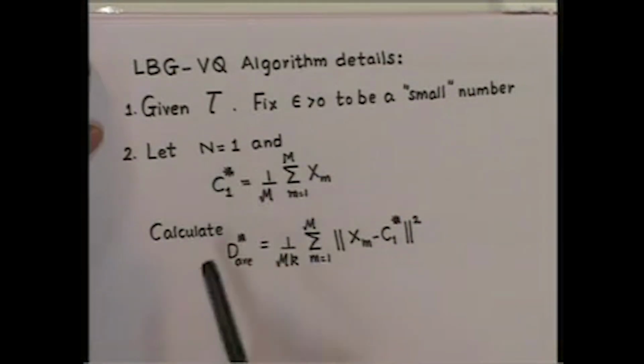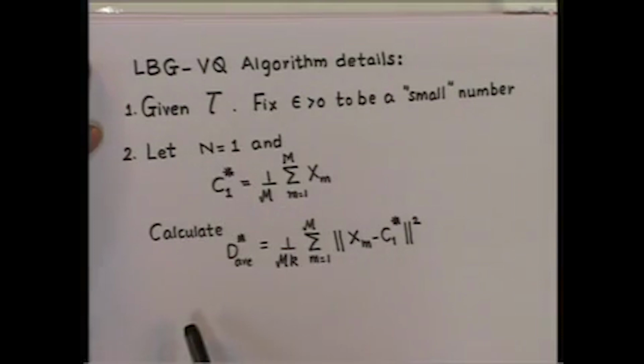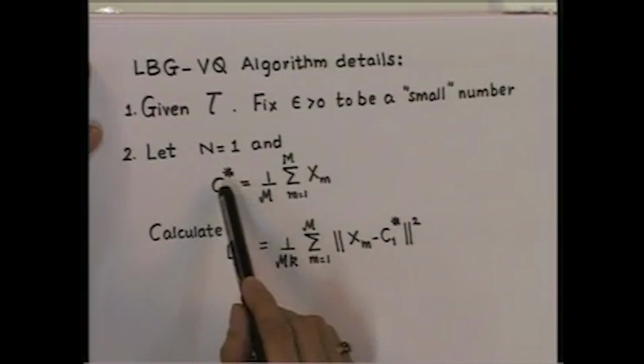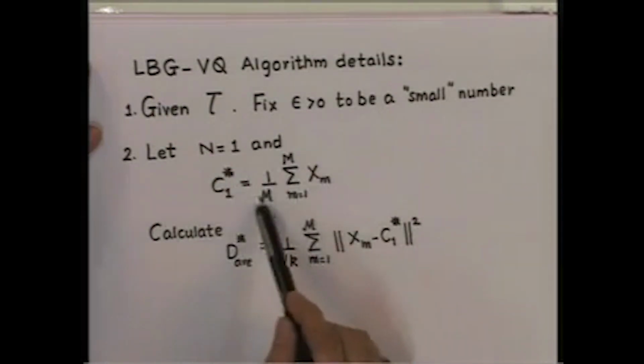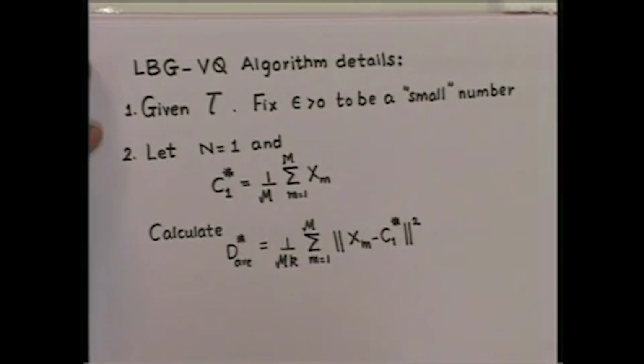To start with, let us assume that the code book size is 1. So, we set n equal to 1, and for this code book the only optimal code vector, denoted by C1 star, is obtained by the average of the complete training set.